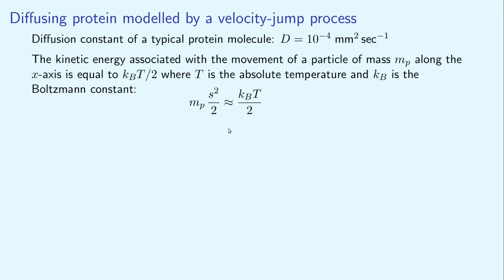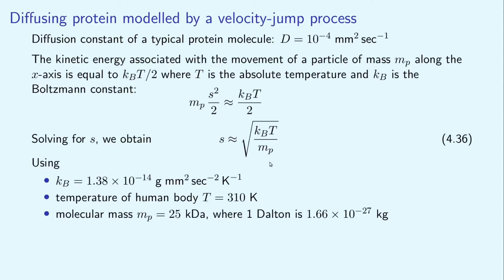To estimate the speed s, we will use a simple result from statistical physics, relating the kinetic energy to the temperature. Here T is the absolute temperature and kB is the Boltzmann constant. The kinetic energy is mass times speed squared divided by 2, and this is equal to kBT over 2.